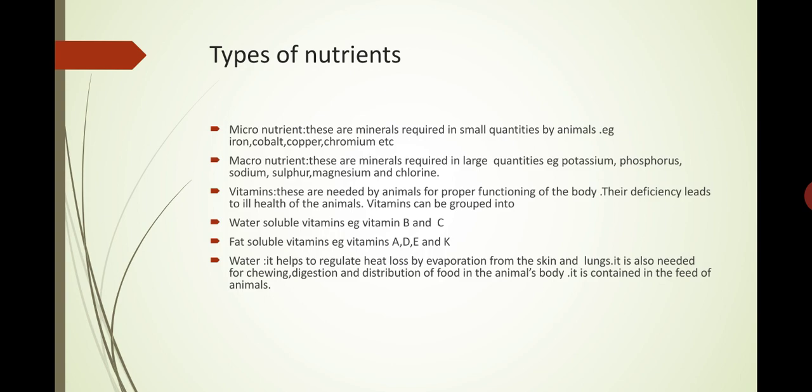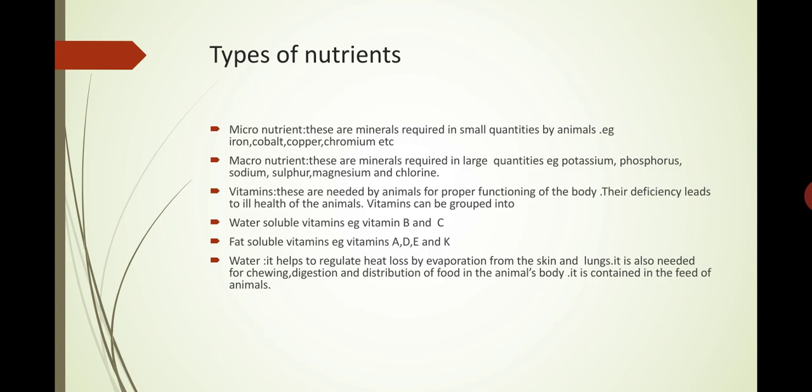Vitamin B and vitamin C are water soluble vitamins. We also have fat soluble vitamins: vitamins A, D, E, and K. So we have two types of vitamin, water soluble and fat soluble, and two types of nutrient, micronutrient and macronutrient.